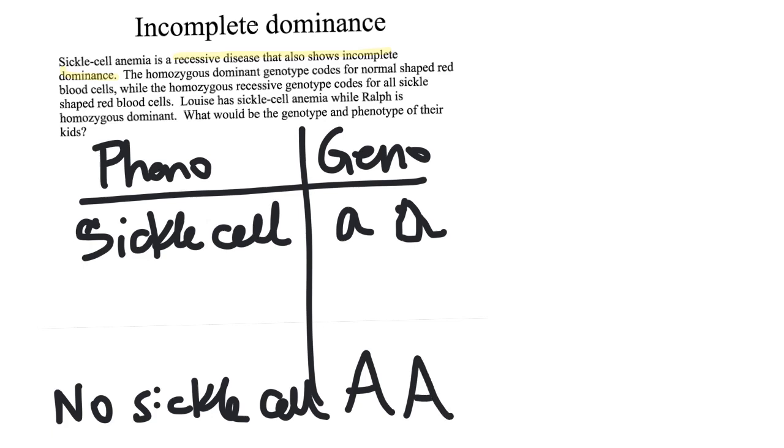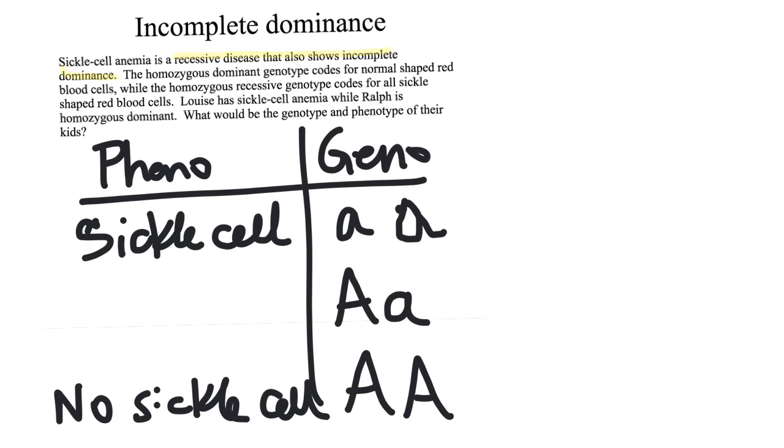Now we've got to consider the heterozygote. Normally, the heterozygote looks exactly the same as the homozygous dominant, but because this is an incomplete dominant problem, it actually will look different. It'll have an in-between look, and that's why I left a space in between. So someone with a big A, little a will look in between someone who has the other 2 extremes.